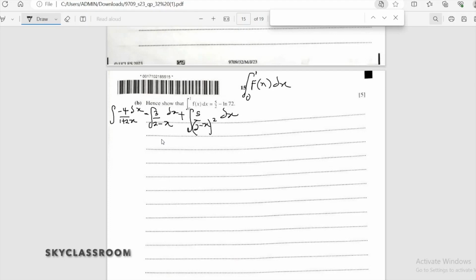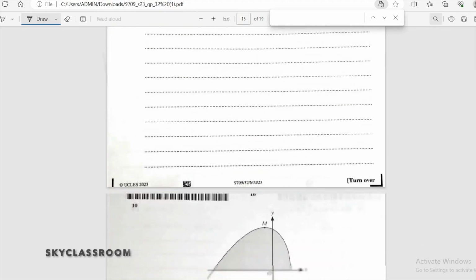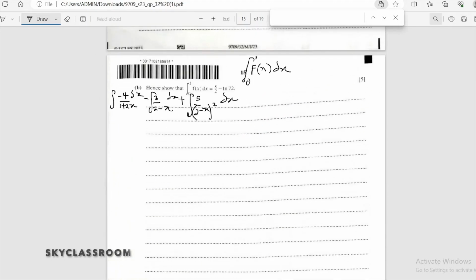The limits are 1 and 0. Let's see the page given to us, just one page. Now, how do you integrate the first one? Integral of minus 4 over 1 plus 2x. Remember this integral, NB.